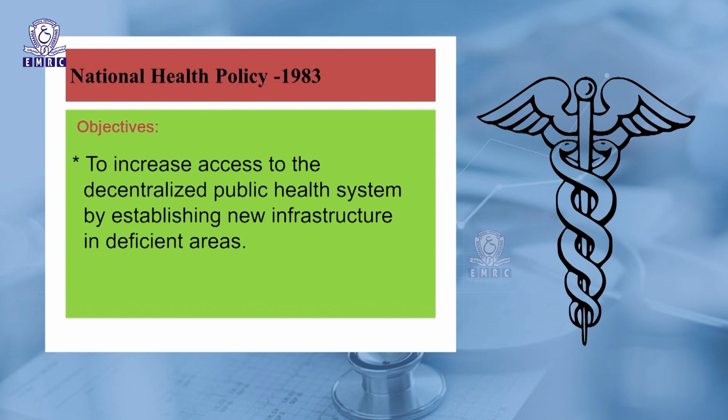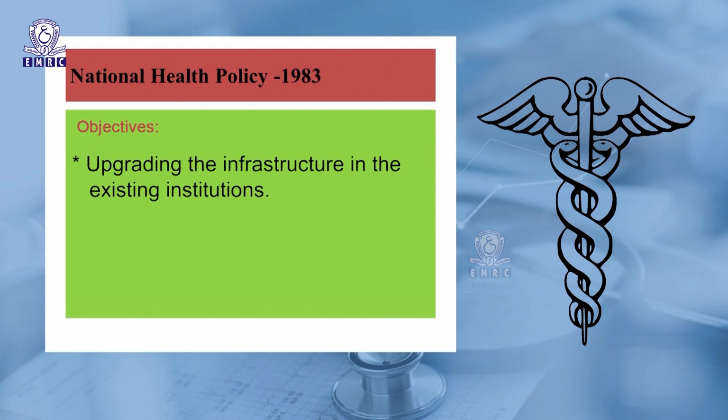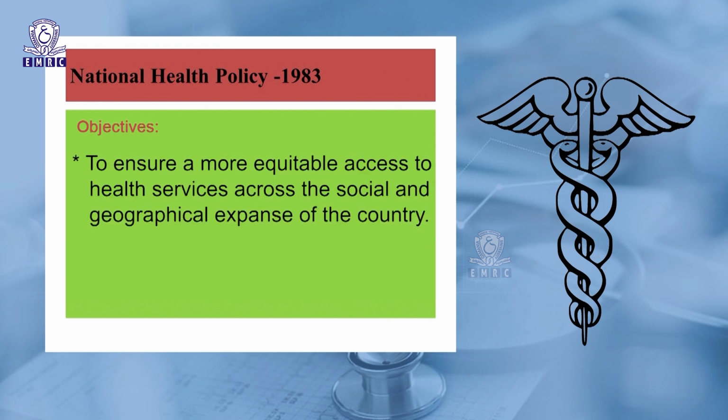The approach would be to increase access to the decentralized public health system by establishing new infrastructure in deficient areas and by upgrading the infrastructure in the existing institutions. It seeks to ensure a more equitable access to health services across the social and geographical expanse of the country.